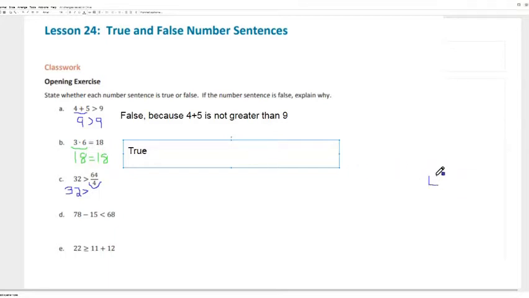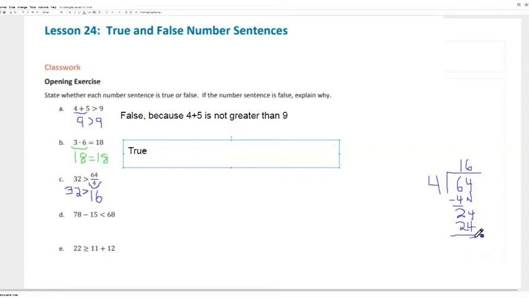You can do the work on the side, nothing wrong with that. 4 goes into 6 one time, that gives me 4. Subtract, that gets me 2. Then 4 goes into 24 6 times. So this fraction really means 16.